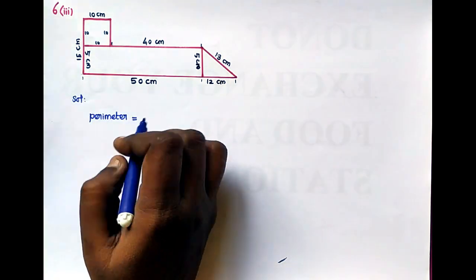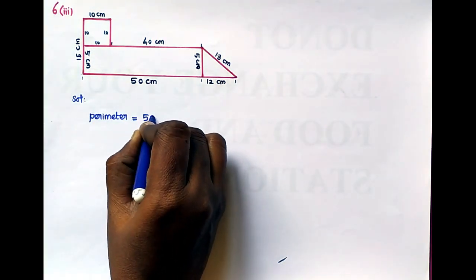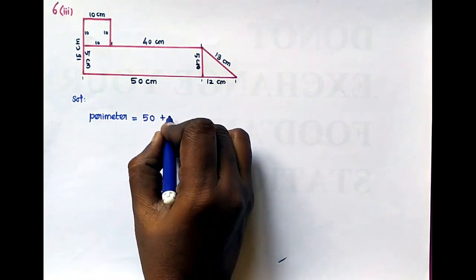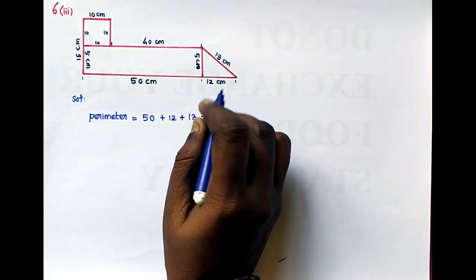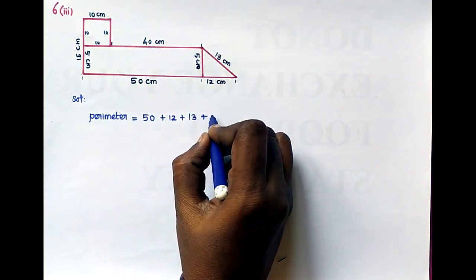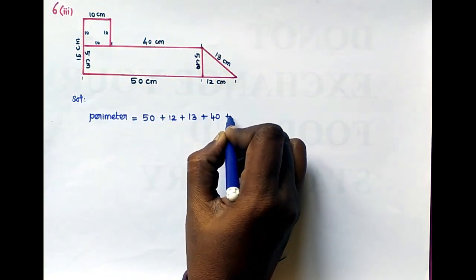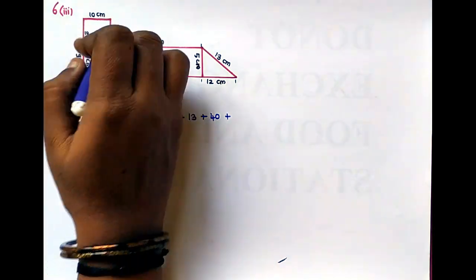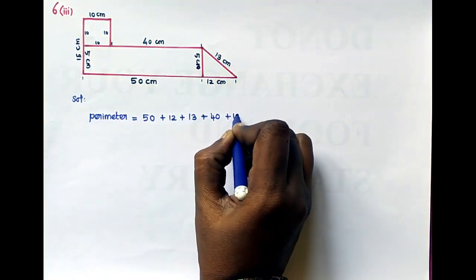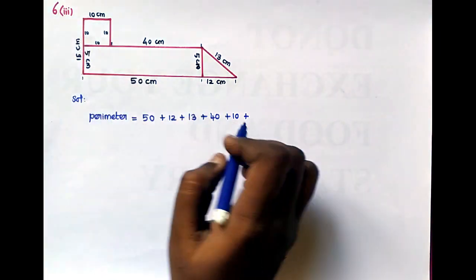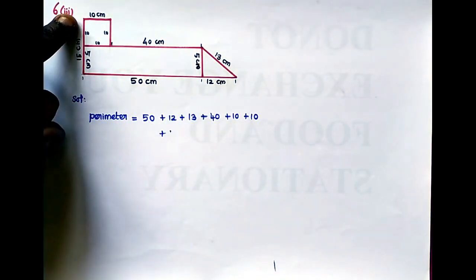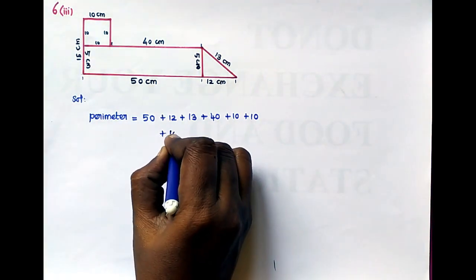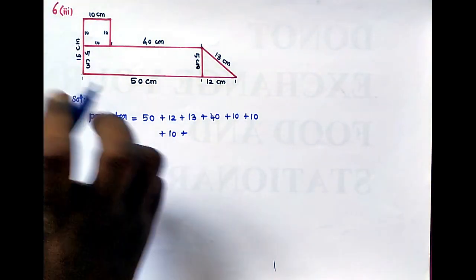First from 50, I add 50 plus 12 plus 13 plus 40 plus here 10 plus here also 10 plus again this 10 plus here 5.